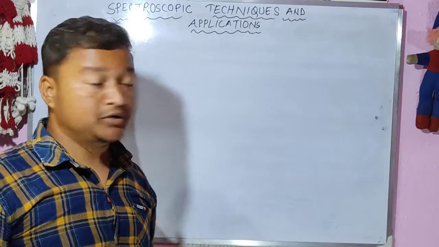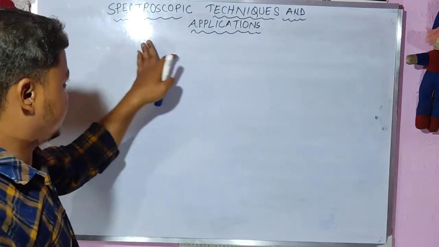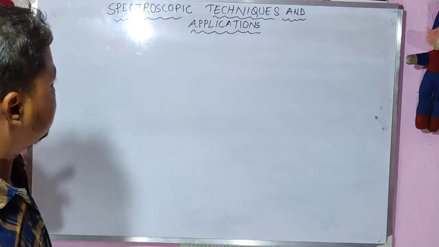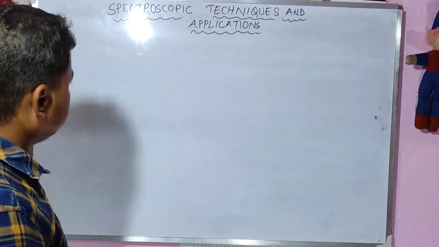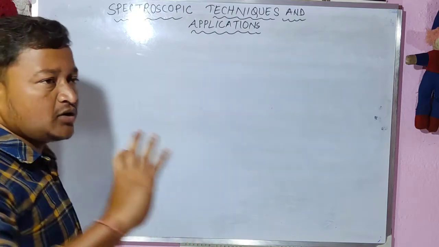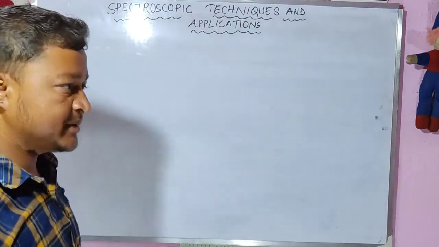Now we know about some selection rules in spectroscopy. What is the basic of spectroscopy?